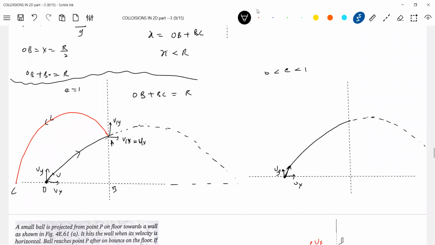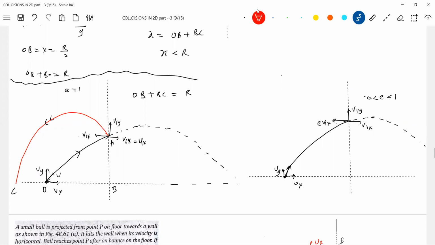Here it is v1x, v1y. Let me write it nearby in the diagram. e is less than 1. Now, what will be the trajectory? It will collide, and because of the collision, what will happen here? For e equal to 1 we write v1x. What about this case? After collision, it will become e v1x.